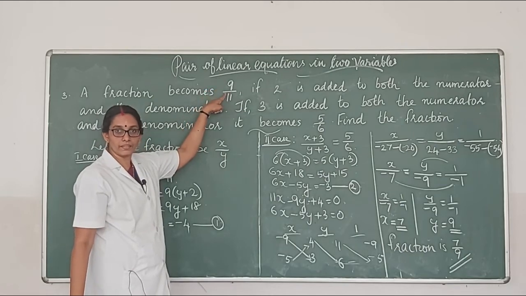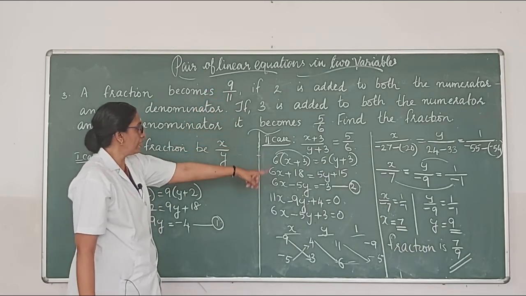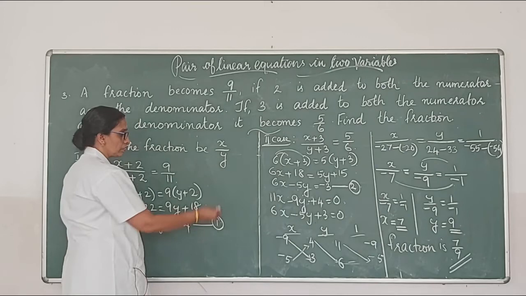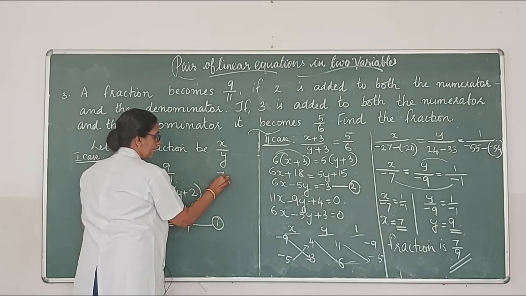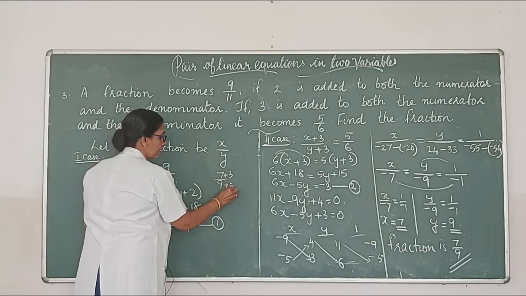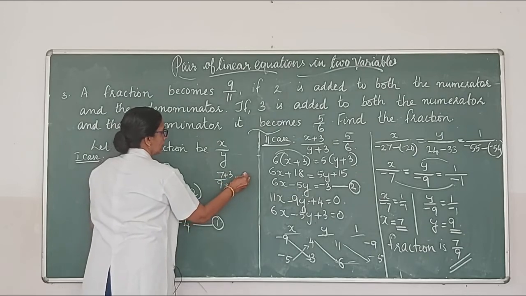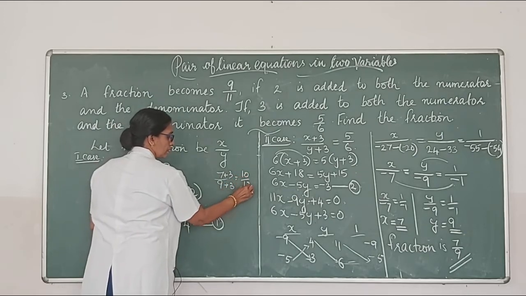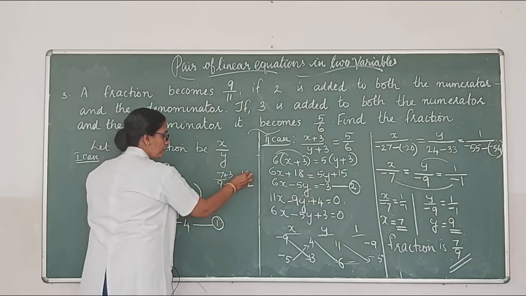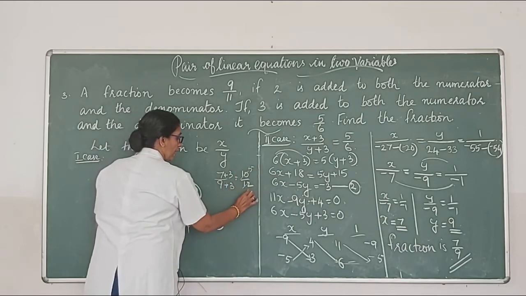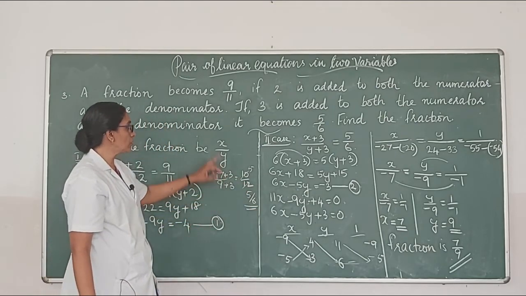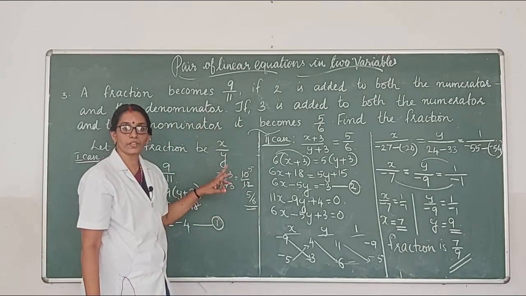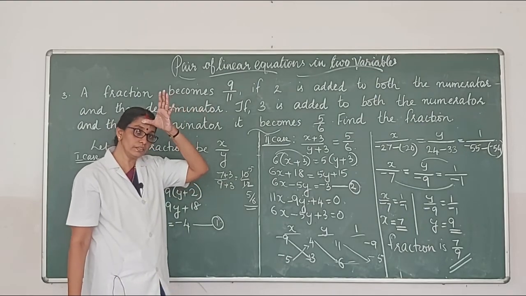Second statement: our fraction is 7 by 9. If 3 is added to both, it will become 10 by 12, isn't it? What is 10 by 12? It is 5 by 6. So, you can verify the answer like this, whether it is correct or not.